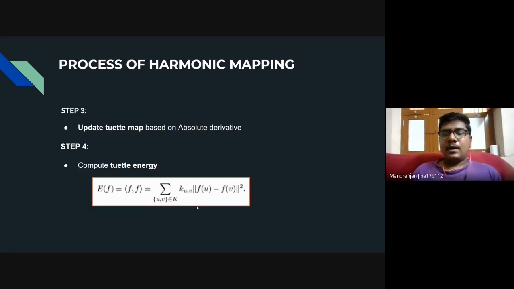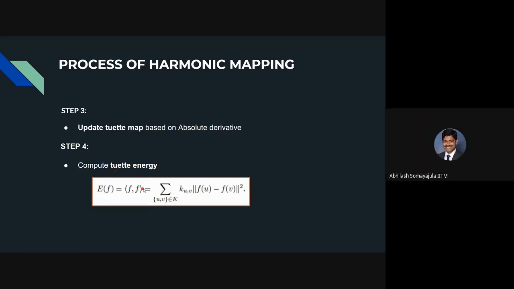You can consider the Tutte map as nothing but the coordinates of the vertices. So what we are doing here is basically subtracting the coordinates of the map that we currently have, and we sum them over it. For each vertex we will be doing that.